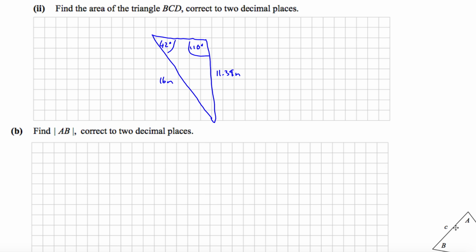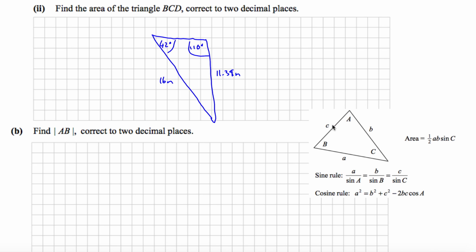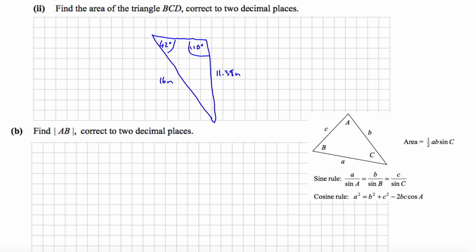In a non-right angle triangle we have a formula for area in our tables book, and that's this formula here. The area is a half ab sine C. In other words, it's a half of the multiplication of two sides by the sine of the angle C between them.